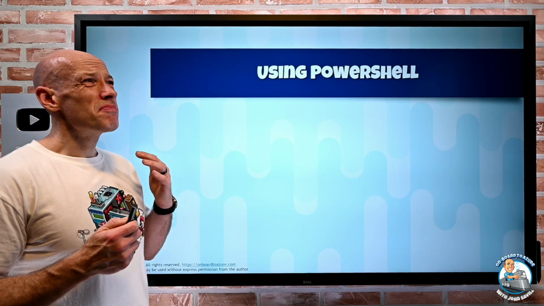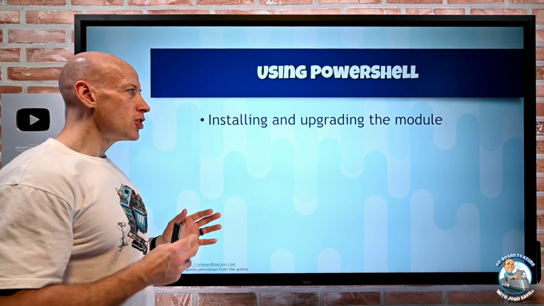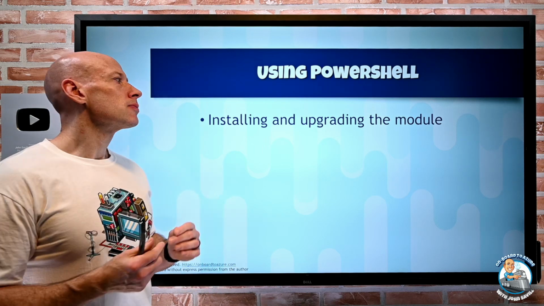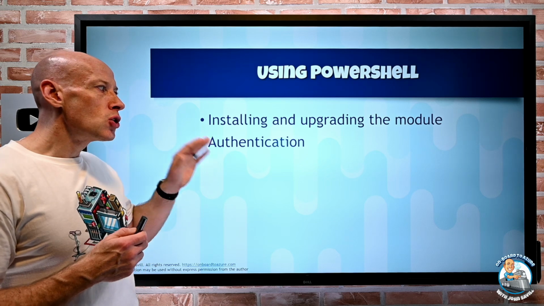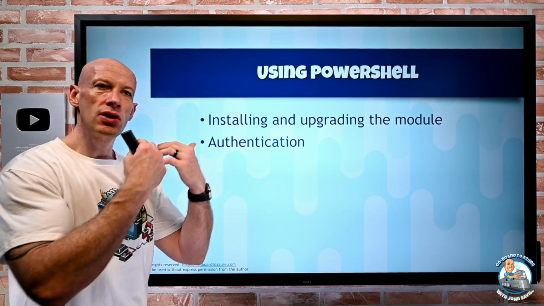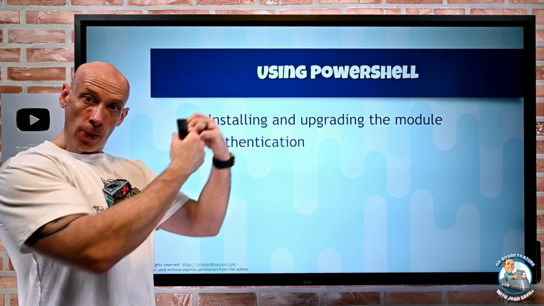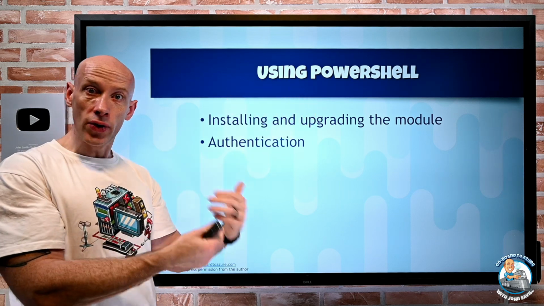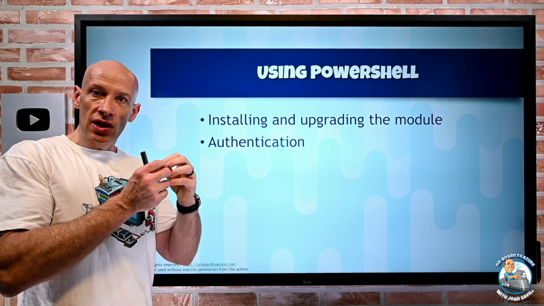Now, just from a slide perspective, and we went through all of this already, obviously with PowerShell, I have to install the module. It's not native except for the Cloud Shell. How we can upgrade the module, we went through all of that. How I would do that authentication. So we had those different options we saw where, hey, I can use the authorization flow, where it pops up the browser, and we saw that. That would be the same for PowerShell or the AZ CLI. We could use the device code flow.